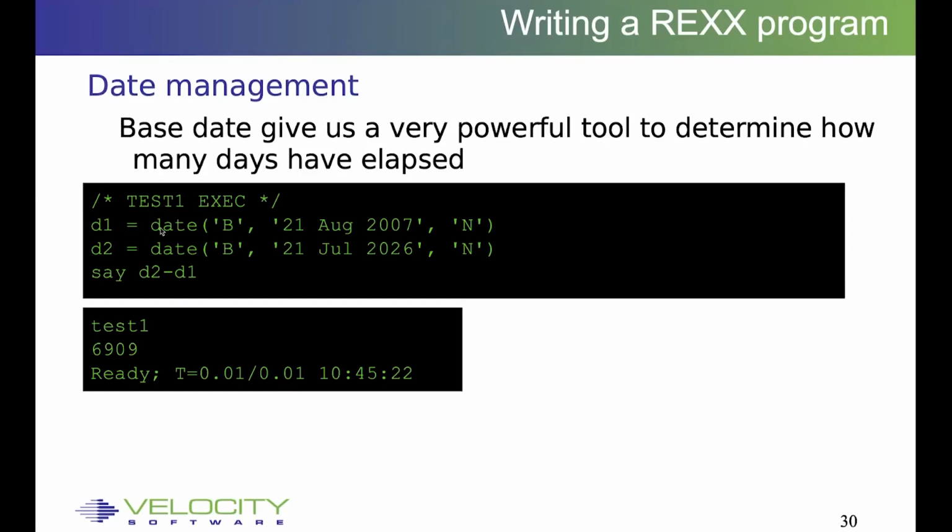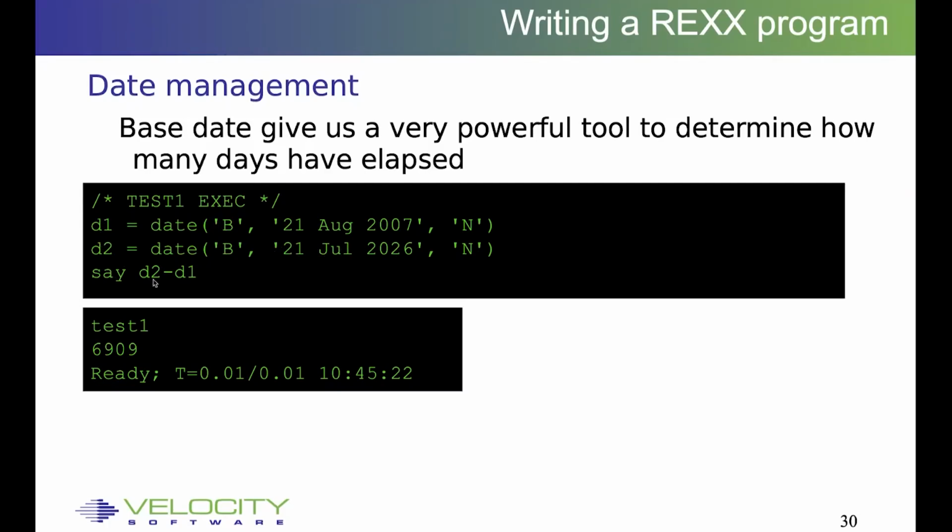So we have this base date. We're going to take this normal date in our date function, that's what the N indicates here, this is the input format, and we're going to convert it to a base date. And we're going to do the same thing for this, which is actually yesterday, not today, in normal form, and also convert it to a base date. Once we have the two base dates, we can do some math.